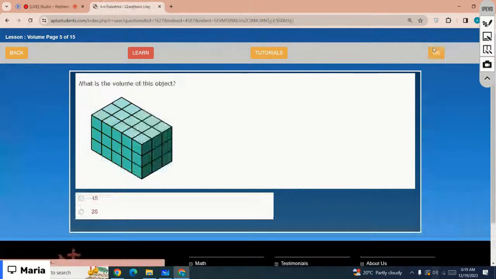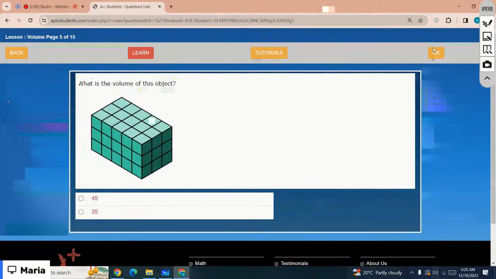Okay, the next one is, what is the volume of the object? So which is the correct option?